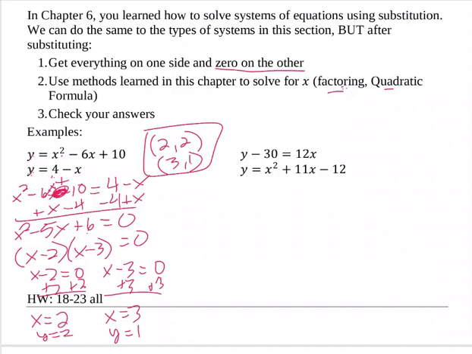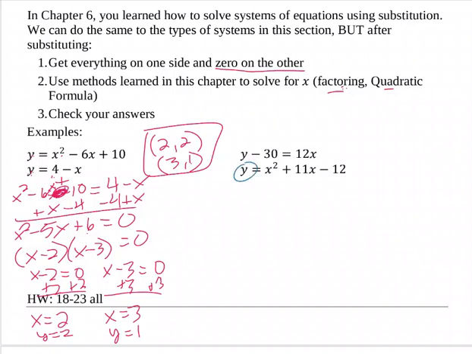The second problem. What should we do? You've got to add 30 and subtract 12x. We want y equals. So get everything on one side and 0 on the other happens after we set them equal to each other. But in order to set them equal to each other, we need y equals first.